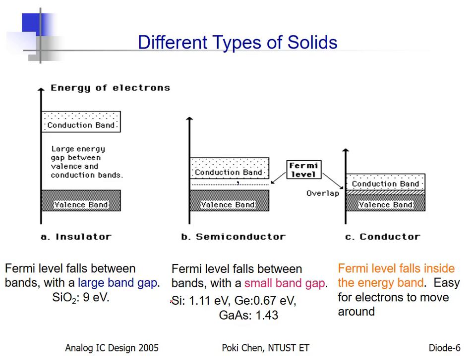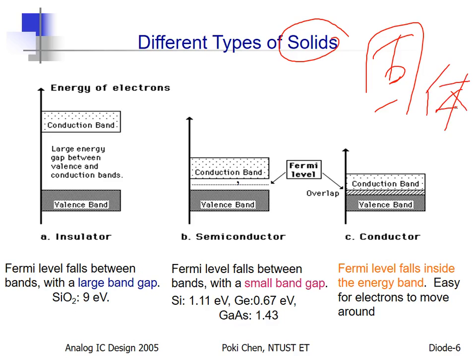Anyway, we can go further. For the categories of the materials, we have different types of solids. We have insulator, semiconductor, and conductor. That's it. But what is the major difference?